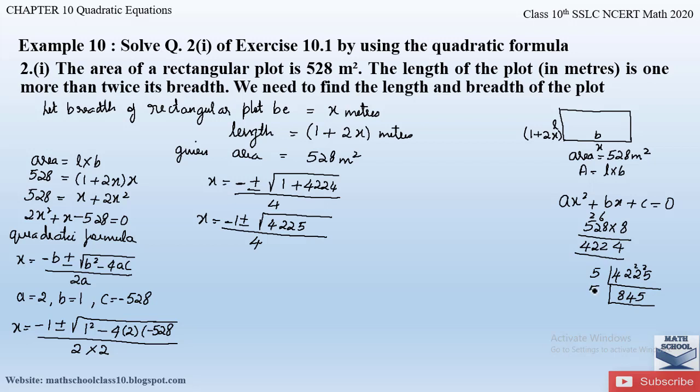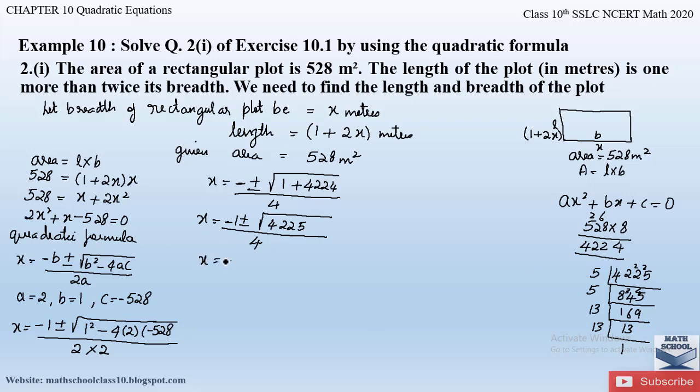So again 5 1s are 5, 3 carry, 5 6s are 30, 4 carry, 5 9s are 45. So 169 is divisible by 13. 13 13s are 169. So let us write down the factors of 4225 here.